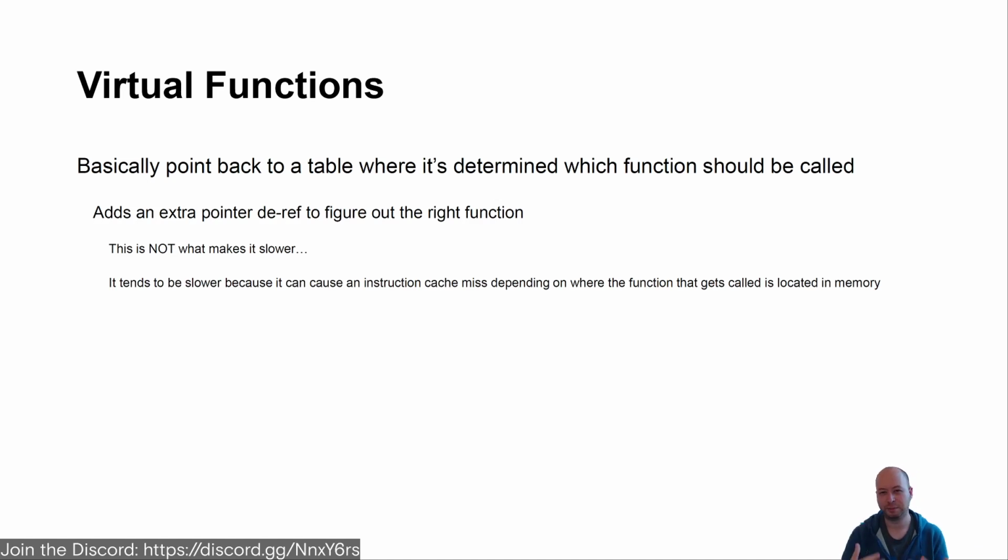So that takes up a little bit of performance, but that's not what is usually taking up the performance cost of virtual functions. Say we're in a part of instruction memory and that function pointer, the vtable function pointer, is in some other wackadoodle place. Well, now we have an instruction cache miss, and the program has to load from memory something that wasn't already there, and that takes time.